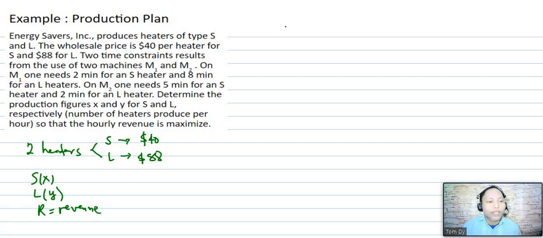This time, we will now write our data here for our solution. So we have our machines, M1 and M2, and then we also have the types of heaters.